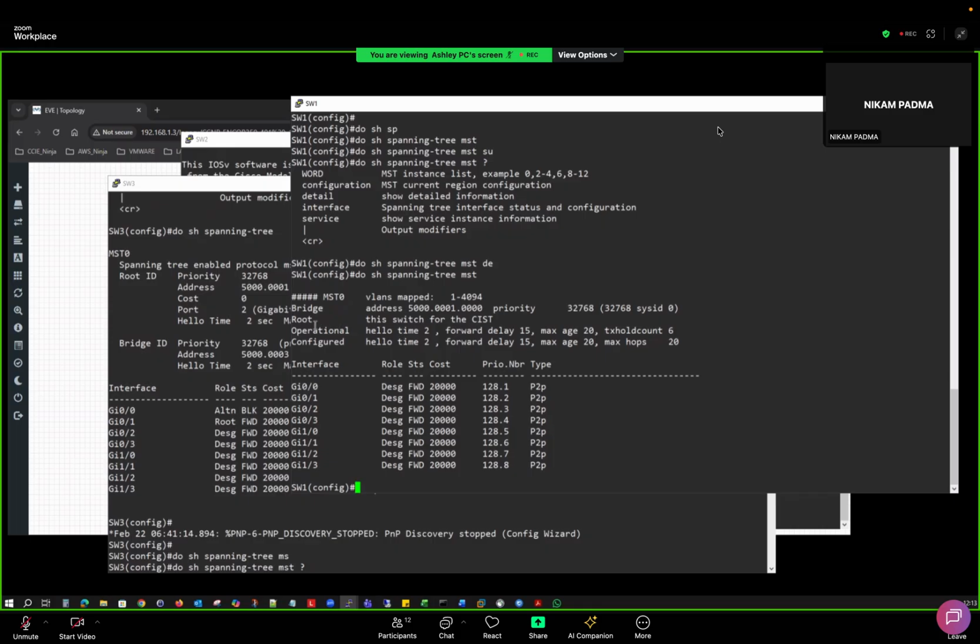Guys, can anybody let me know why it is saying CIST? I told you, because we didn't create any instance. Until we configure any instance, MST0 is running by default.